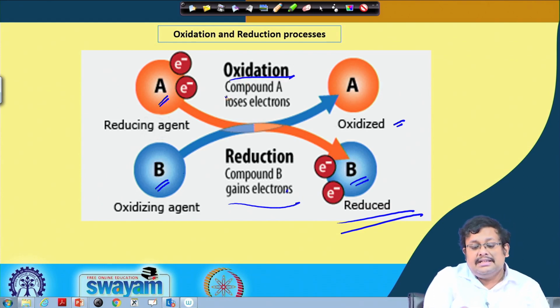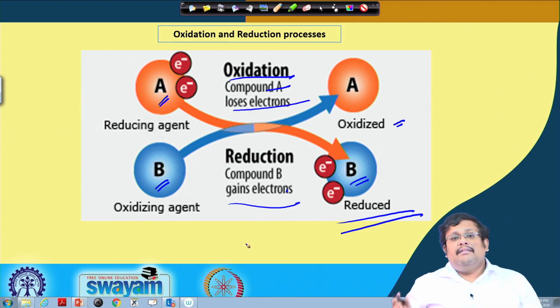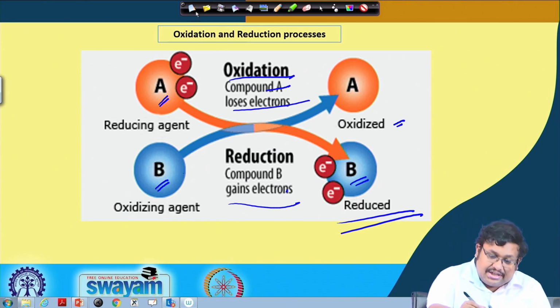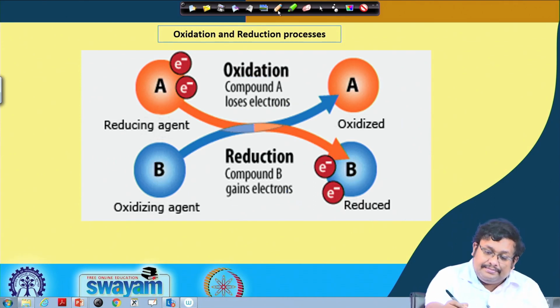However, oxidation is denoted by these red lines, where it loses electrons. So, this is why we said that there has to be a close contact between the oxidizing agent as well as the reducing agent for governing this redox reaction, specifically also in soils.